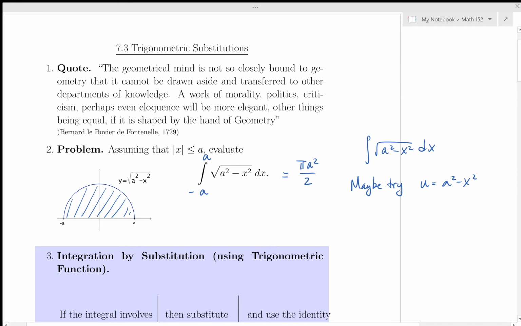That won't work, because we would end up with du equals minus 2x dx. The problem is we have dx here, but there is no x here.